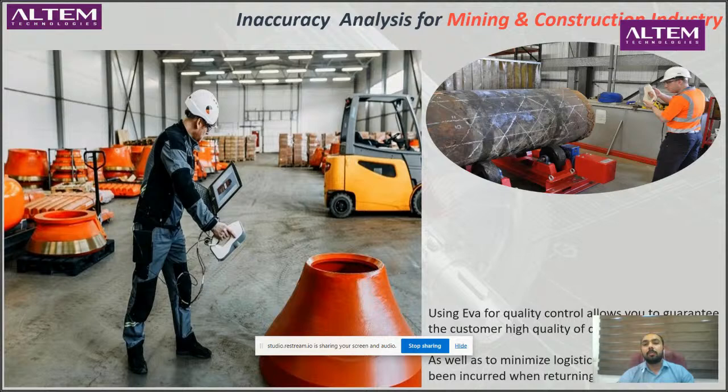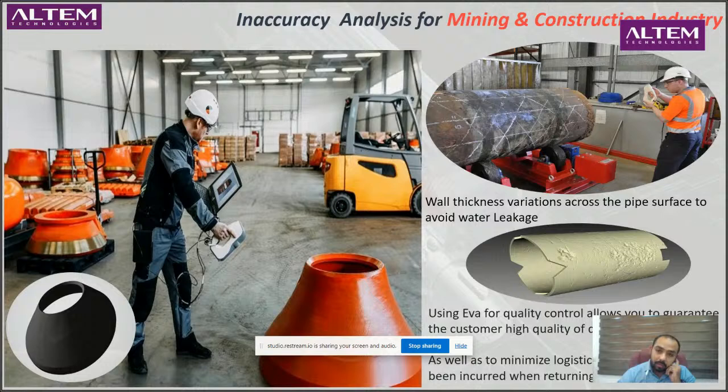Similarly, the next one is an example of getting details of a big pipe, where they need to check the leakage or the surface errors that developed over time. You can analyze each and everything with this scanner and can replicate anything.